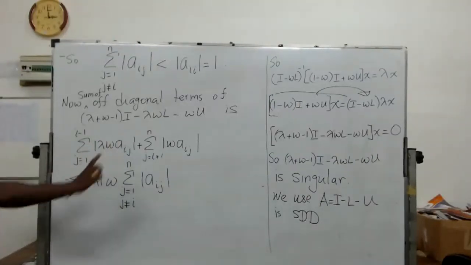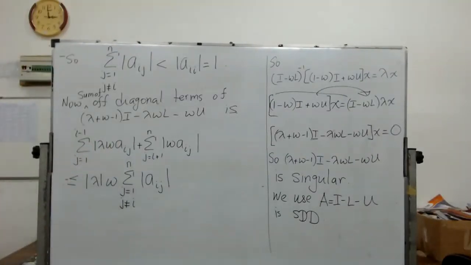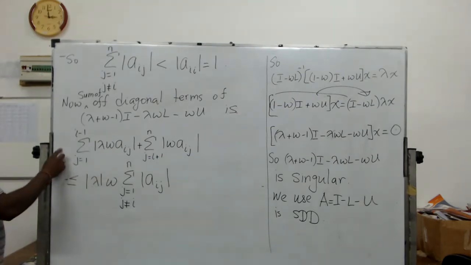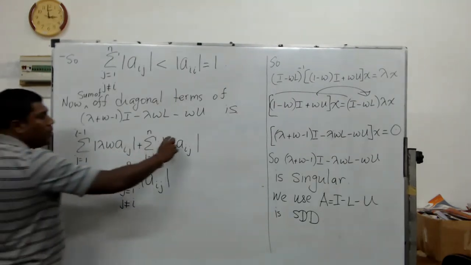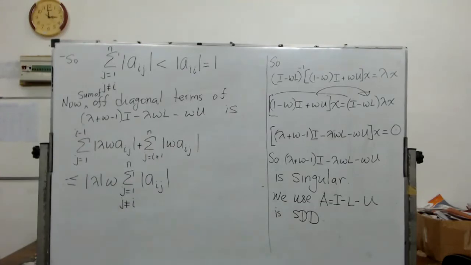Omega is positive, given that it is greater than 0, so you can take it out without absolute value. Here you can take the omega out, right? But you assume that the absolute value of lambda is greater or equal to 1, right?